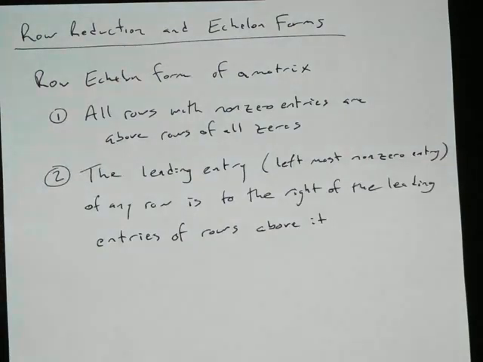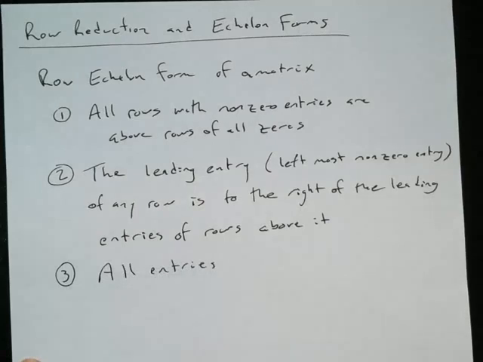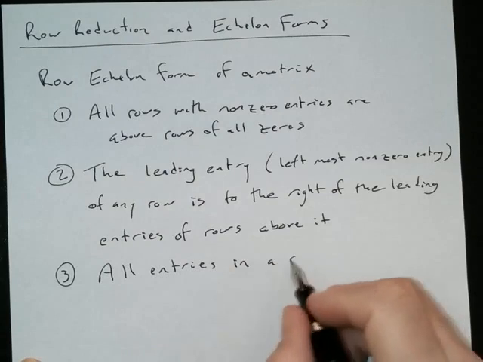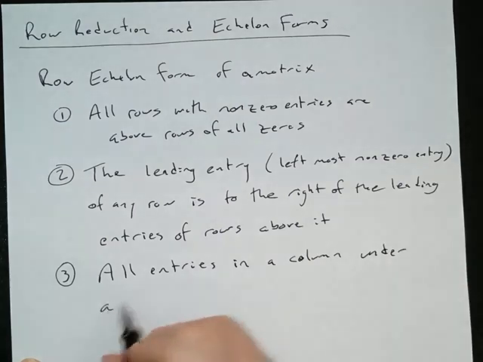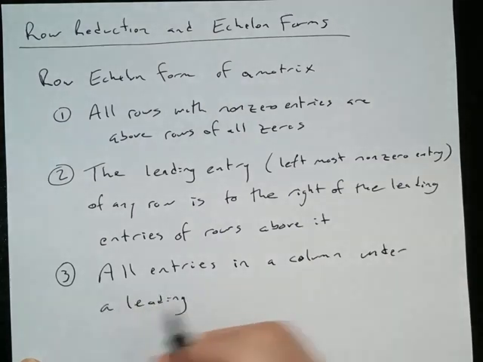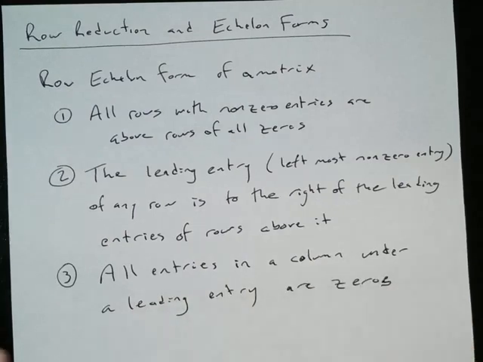In other words, as we go down, our leading entry moves from left to right. And the only thing under a leading entry is a 0.